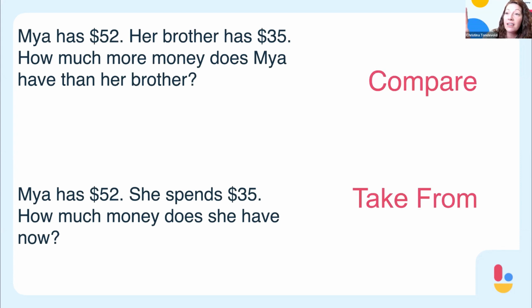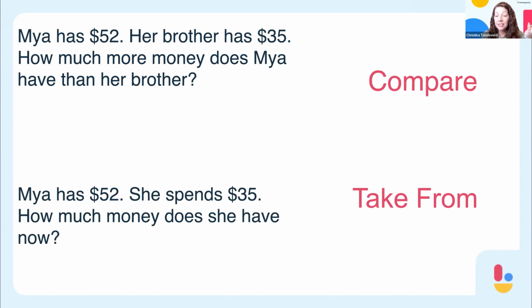If you want to take screenshots of this to build your own understanding, okay? The top one is our comparison. The bottom one is a takeaway, right? She has some money, her brother has some money. There's nothing putting those together or taking them apart from each other.